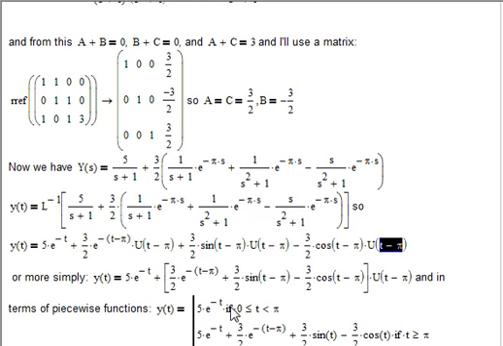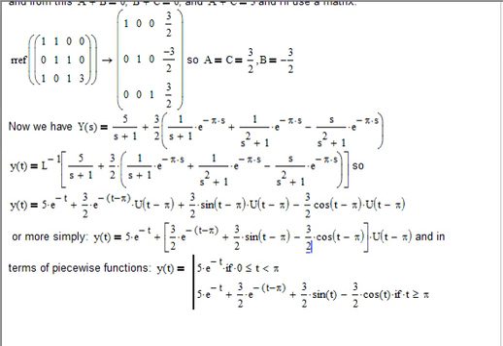Or more simply, I can factor the u of t minus pi out of all this part. So here we go. There's this one, 3/2 this one, -3/2 this one.